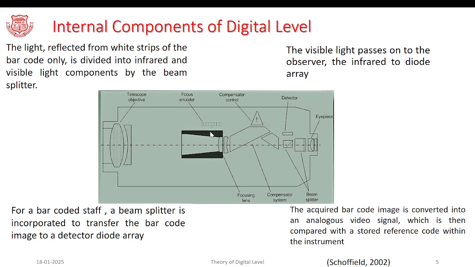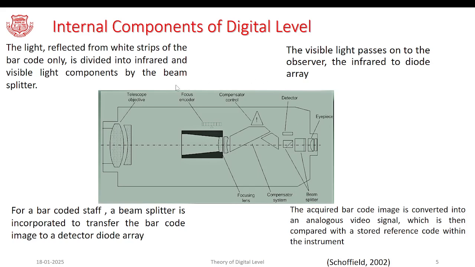Now what you see here in addition to the conventional provisions is focus encoder, certain detector. Here there is a beam splitter, and these are digitized sensors which are helping us to receive the data as displayed on the LCD screen that we discussed on the previous slide.